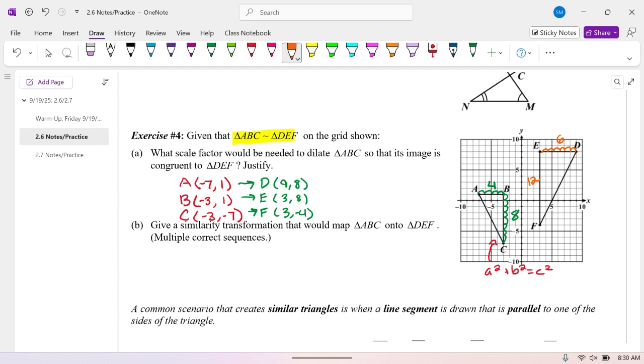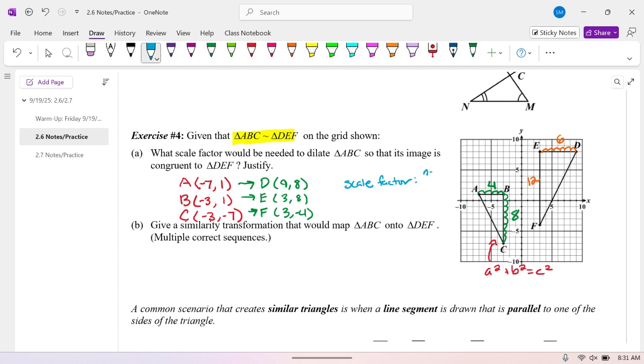So how would I find the scale factor now? So how'd you find the scale factor? We would set up a proportion, right, guys? So you set up a proportion.